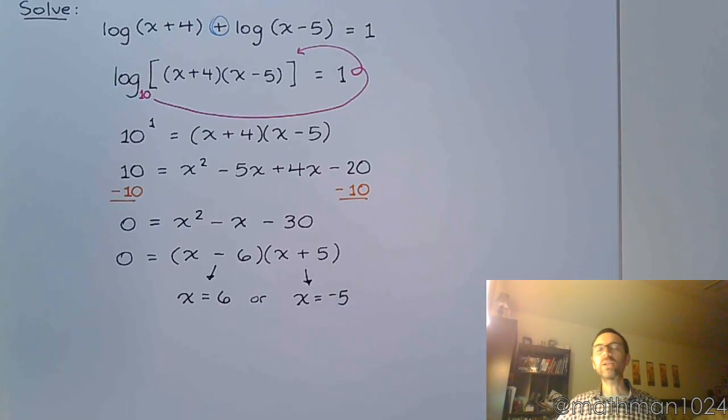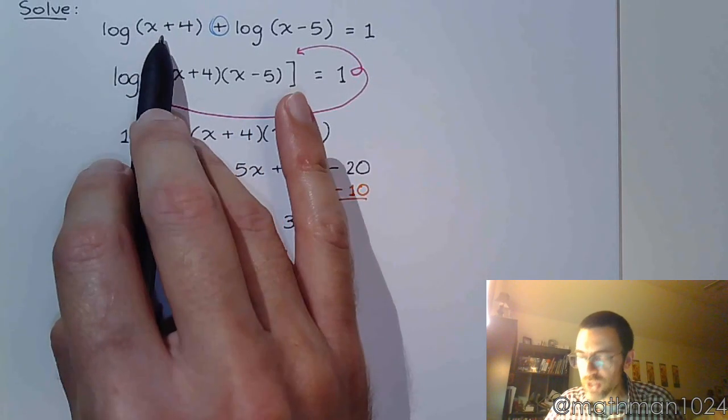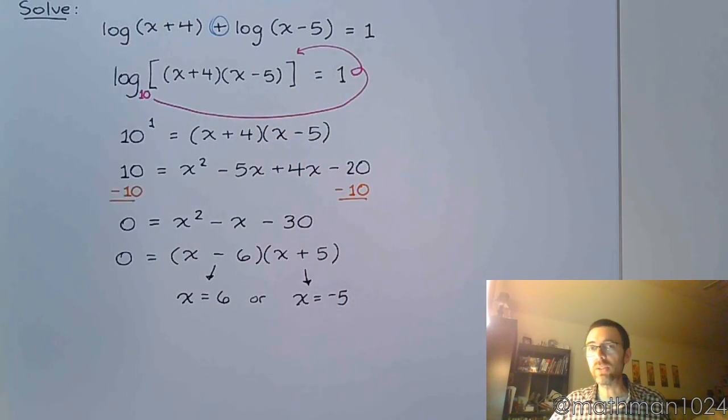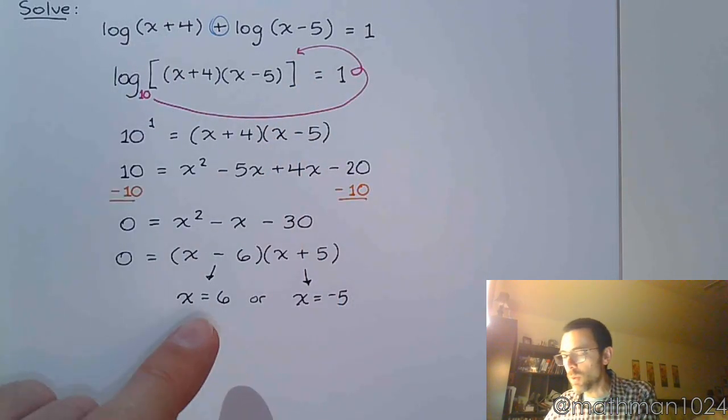And before we can box these answers, we've got to check. See, we mentioned earlier that with logarithms, this expression has to be something that's positive. That means you can't plug in a value of x that's going to make it negative. Well, look at 6.